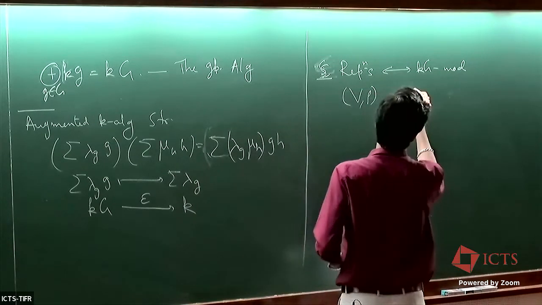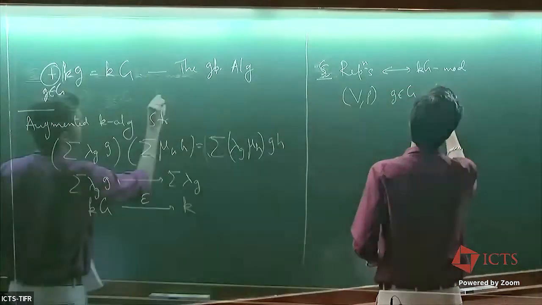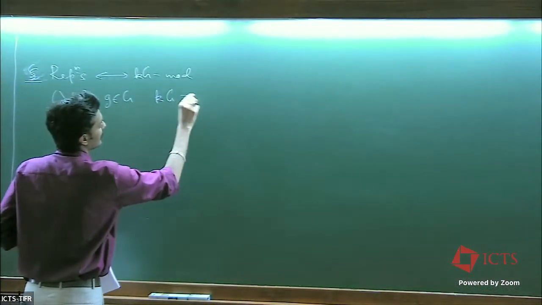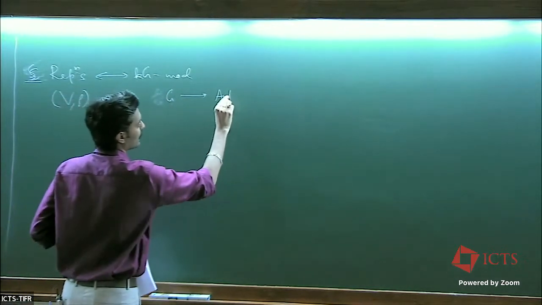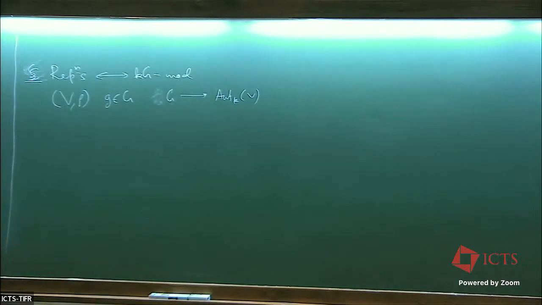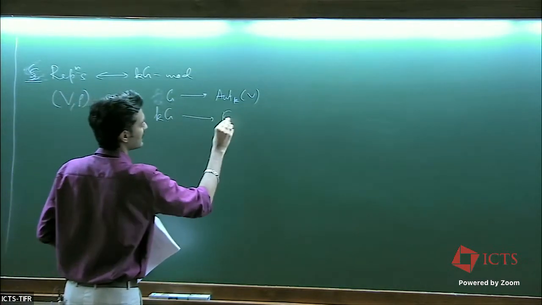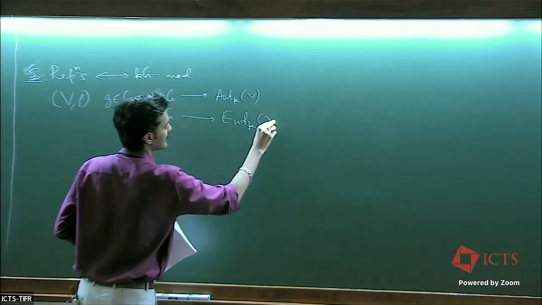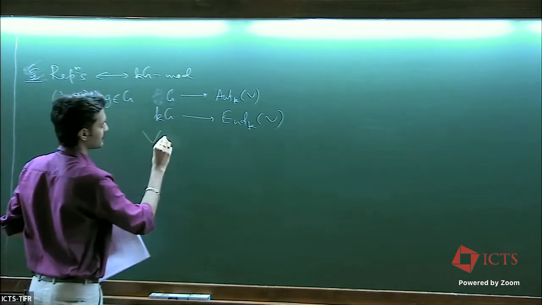Then note that for each g in G, you had a map from G to Aut_K(V). And the g are the basis elements of KG. Therefore, it extends to a map from KG to End_K(V). End_K(V) means the endomorphisms of V as a K-vector space. And then End_K(V) acts on V. Therefore, V becomes a KG-module via this map.